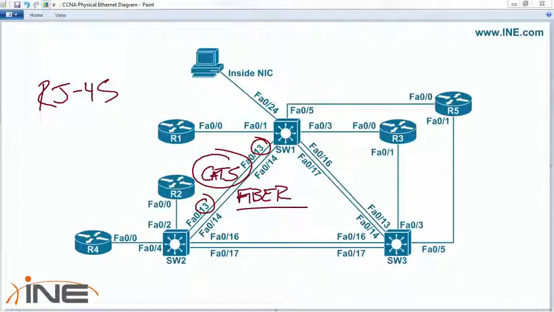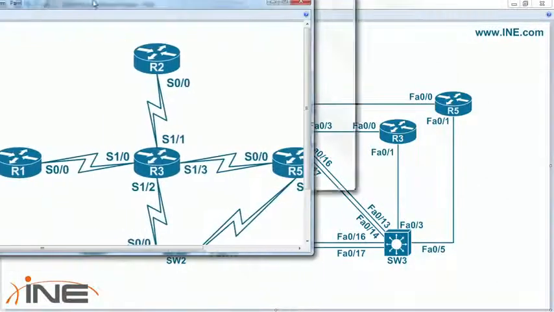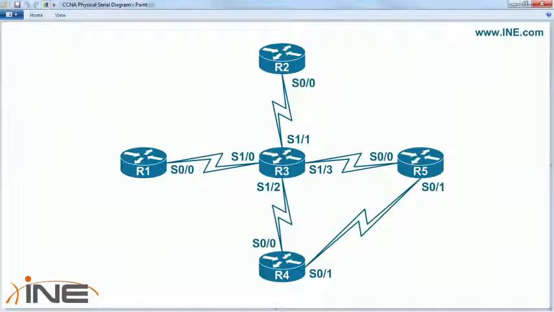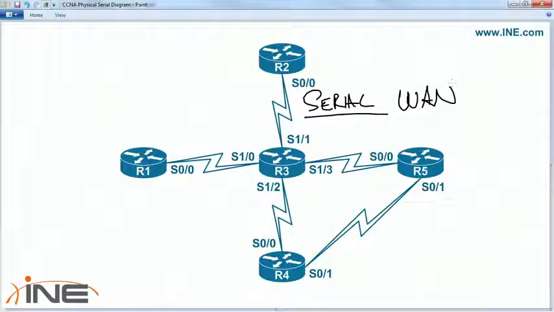There's also another one that we'll look at, which is the routers connected together with what's known as serial links. Now, a serial link typically is used to connect to the wide area network, or the WAN. This is what we would use to connect to our internet service provider in order to send traffic between different remote offices.